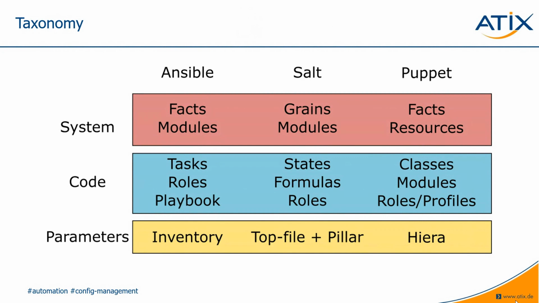Like if you have a network configuration, then you have a fact for your IP address, and maybe you need your IP address for some configuration of your application. And on the other side, there will be a fact for your operating system. So you can have a module which is configuring several different Linux distributions.